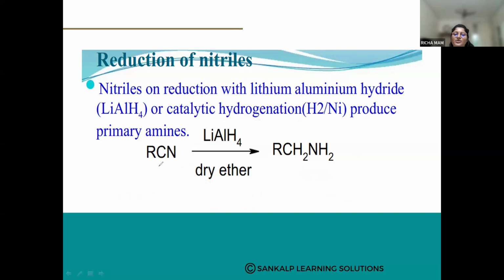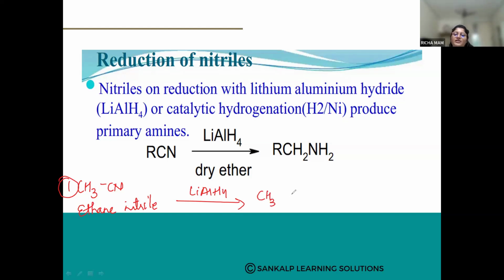So let me give you an example. RCN in lithium aluminum hydride over dry ether gives you the amine. First example, CH3CN. What is the name of this? It is ethane nitrile. React it with lithium aluminum hydride. What am I going to get?